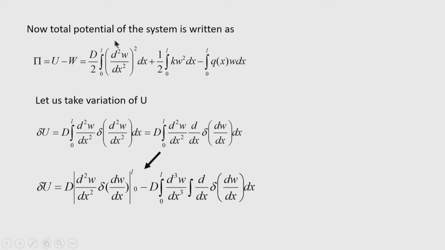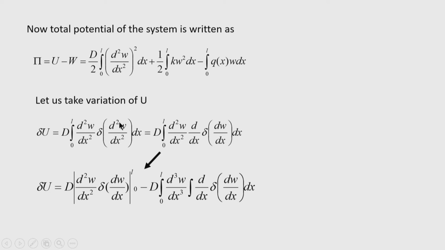You can see that the U quantity is this. So, if I operate this quantity with delta, like a differentiation, we take this, this will be 2 d square w by dx square and then the variation of this quantity.